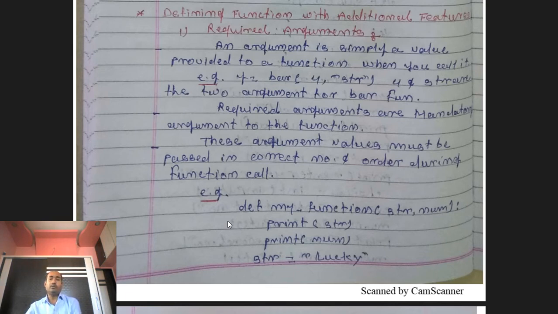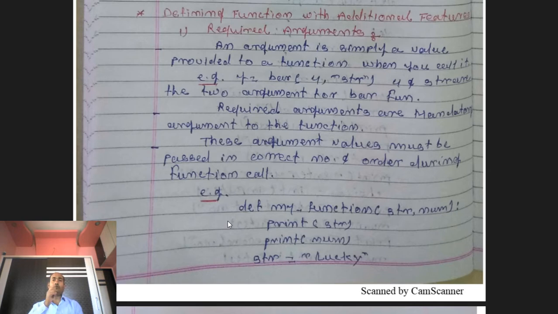And here is one important point. When you pass values to the arguments, their sequence and order is very important. Suppose you are using three parameters a, b, c. These are the three variables. If you want to pass particular values to a, b, and c, you have to pass the values in the correct order and sequence.